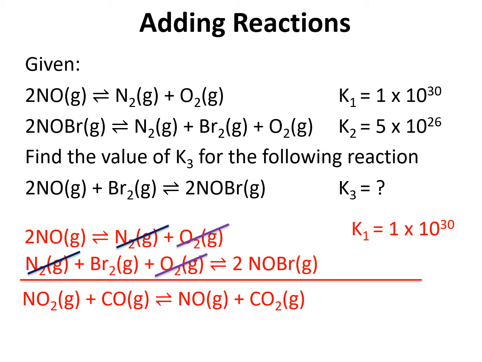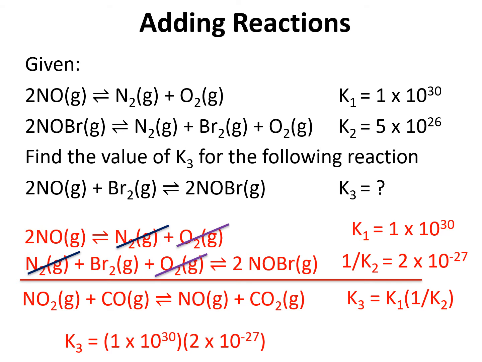Here I did the reverse of reaction number 2, so I'm going to actually have the inverse, or 1 over K2, to get my equilibrium for the reverse reaction. And then in this case, K3 is going to be K1 times 1 over K2. And so I can put my numbers in, and I'll get an equilibrium expression of 2 times 10 to the third.